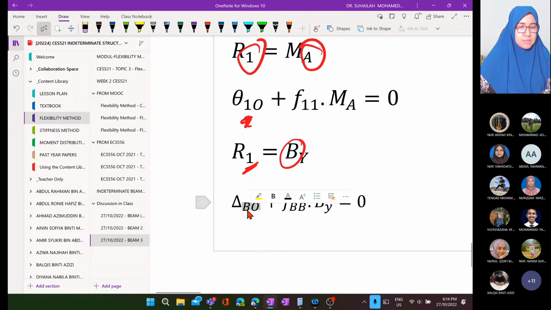B change to 1, BB change to 1, 1, times redundant. So we will use 1 naught, 1 1, to be more general.